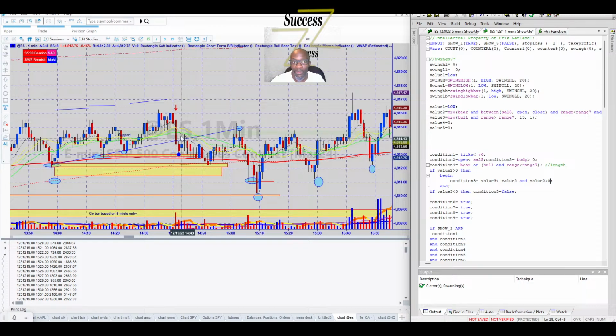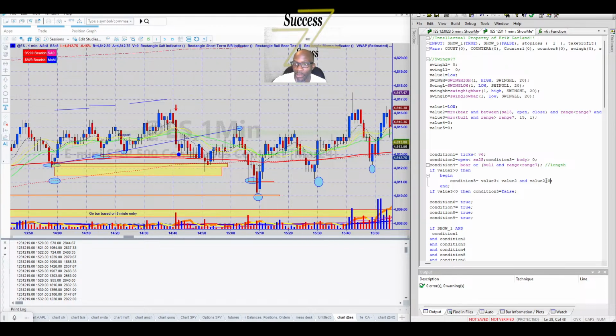Now, as soon as you get this bar, you're looking for value 3 to come up, that bullish bar, and you're looking for it to have happened fewer bars ago than this bar. Well, if it doesn't find the bullish bar, it's going to record -1. And -1 is always going to be less than whatever this number is. So that's what we have to account for.